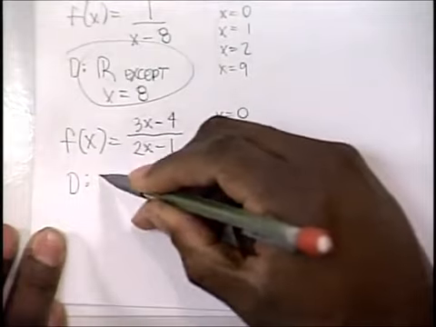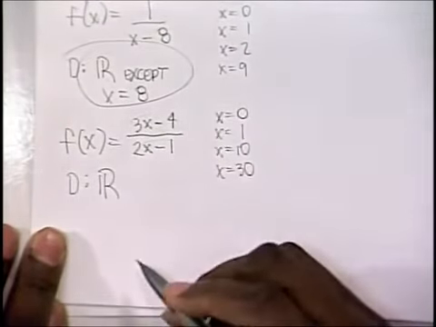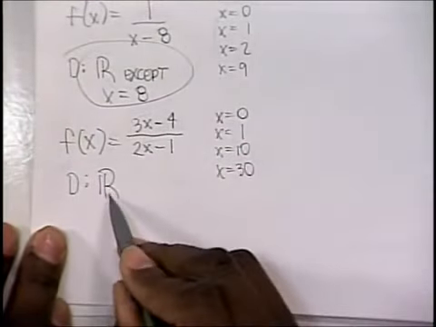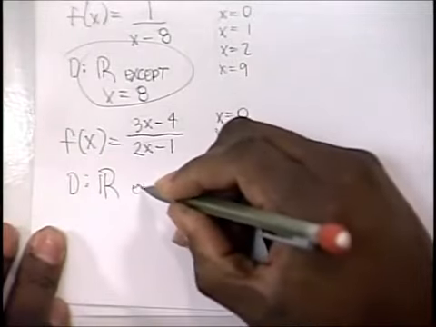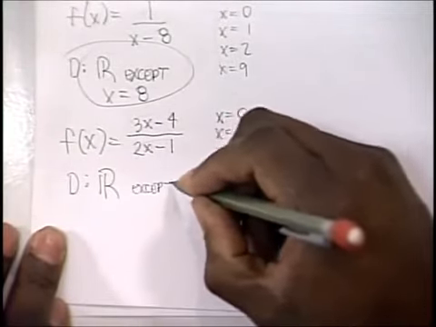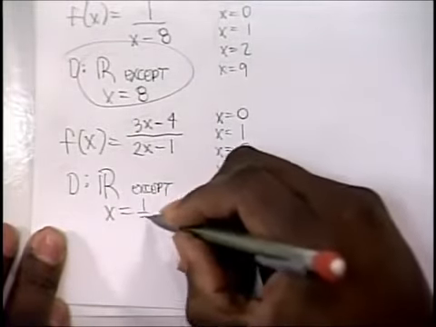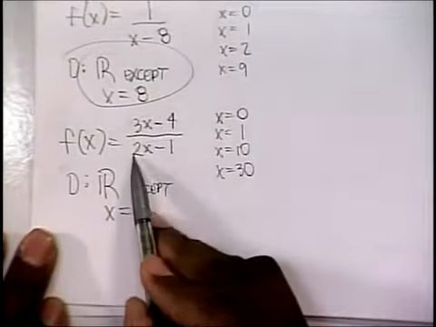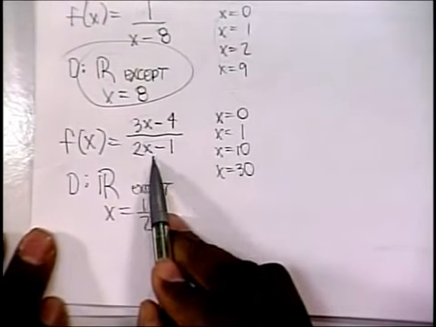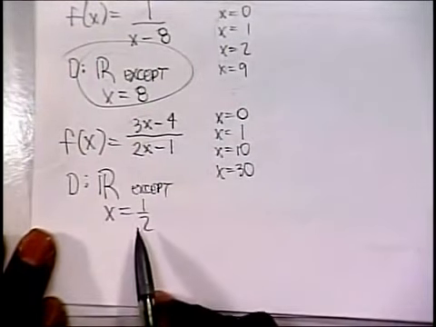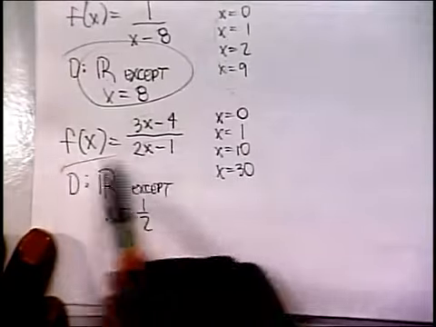It would be so much easier to just say the domain is all real numbers except x is equal to 1/2. x cannot be equal to 1/2 because 2 times 1/2 is 1, and 1 minus 1 would give you 0 on the bottom, which you cannot have.